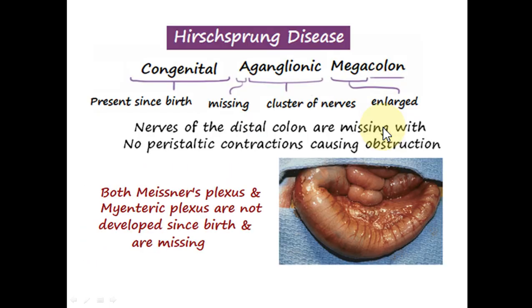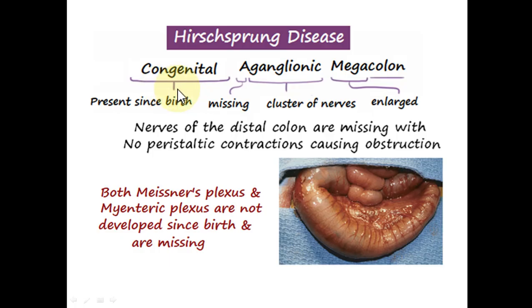Now coming to the functional type of intestinal obstruction, we will discuss Hirschsprung disease, and this disease is also known as congenital aganglionic megacolon. So if we think over the name of the disease, congenital means that this disease is present at birth, and it is commonly seen in neonates. So Hirschsprung disease is a disease of the neonate.